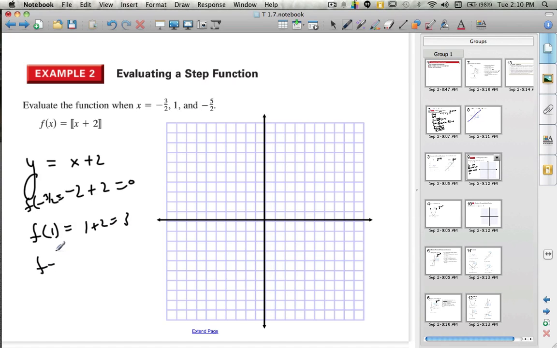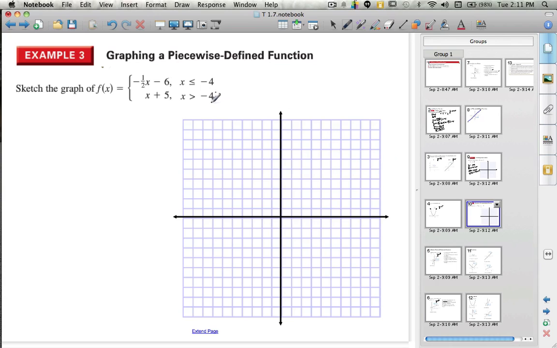And the function of -5/2, right? 2 1/2 would be -3 plus 2, which would be -1. Okay, so it's a little funky in terms of the way these piecewise functions work. And this double bracket is talking about we're going to take all of these guys and sort of round them into whole integers.